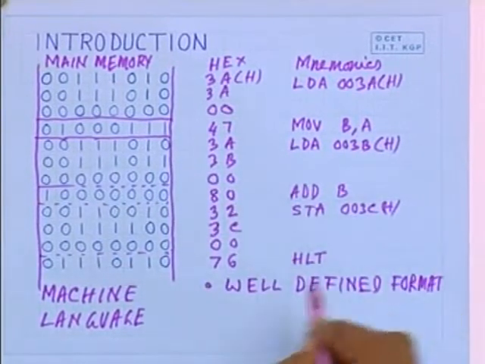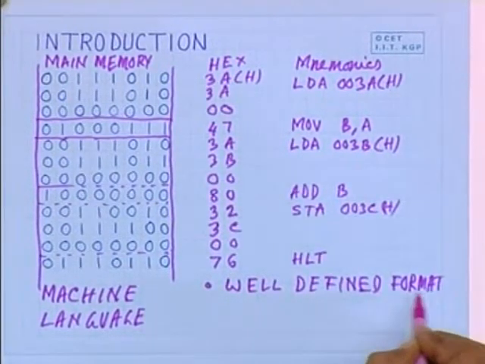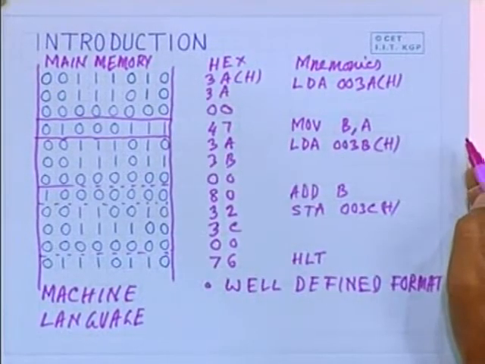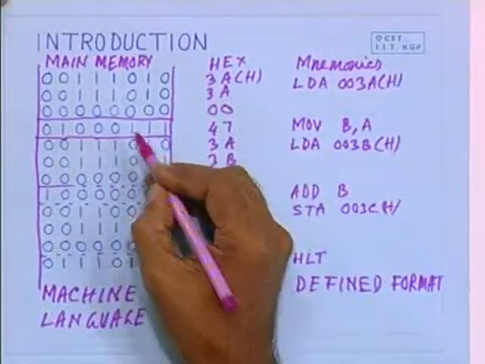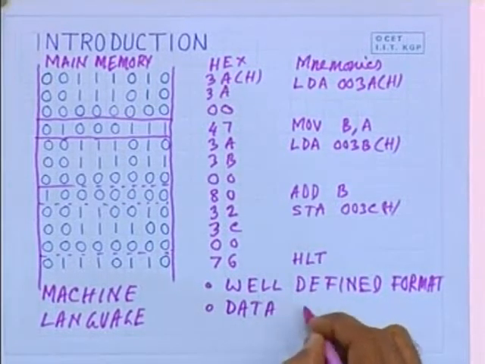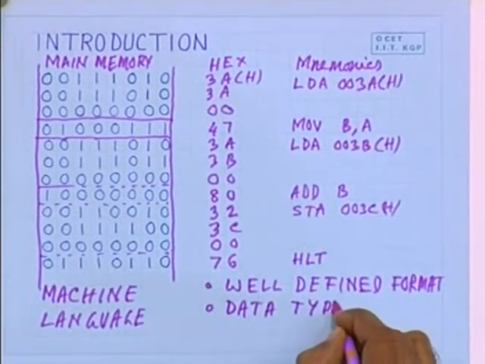Now, we shall discuss in this lecture the format of these various instructions. Apart from that, let us try to understand the various issues involved in understanding the instruction set. Another important aspect is the data types, or in other words, how data is represented and how it is processed inside the processor.